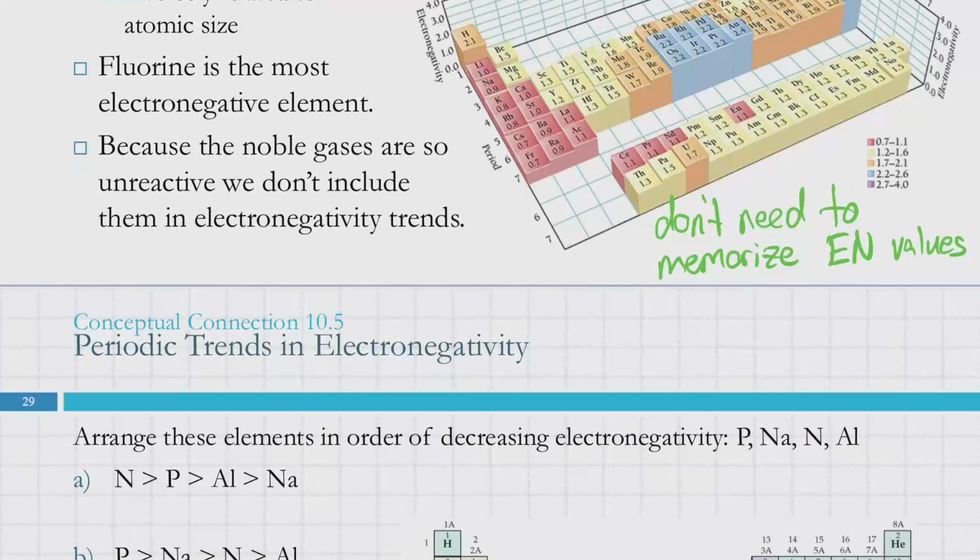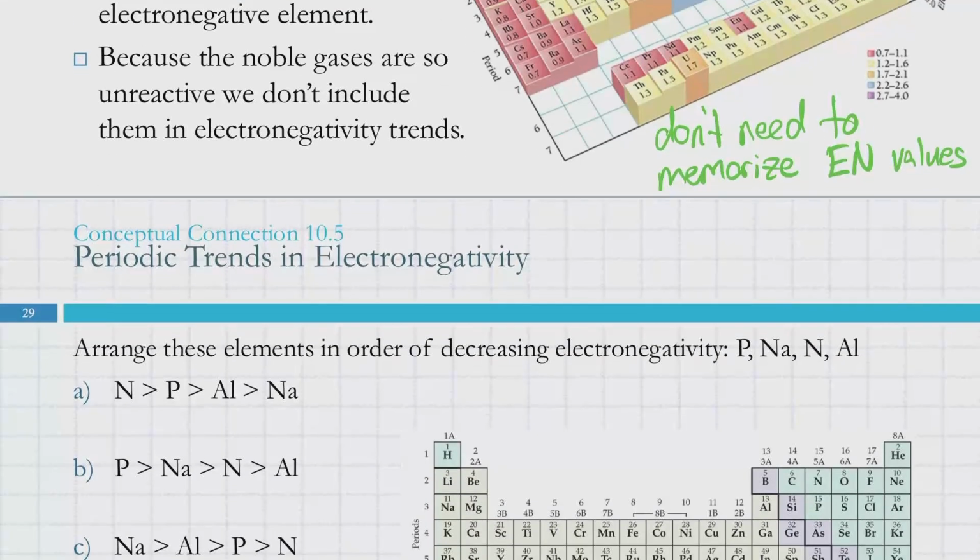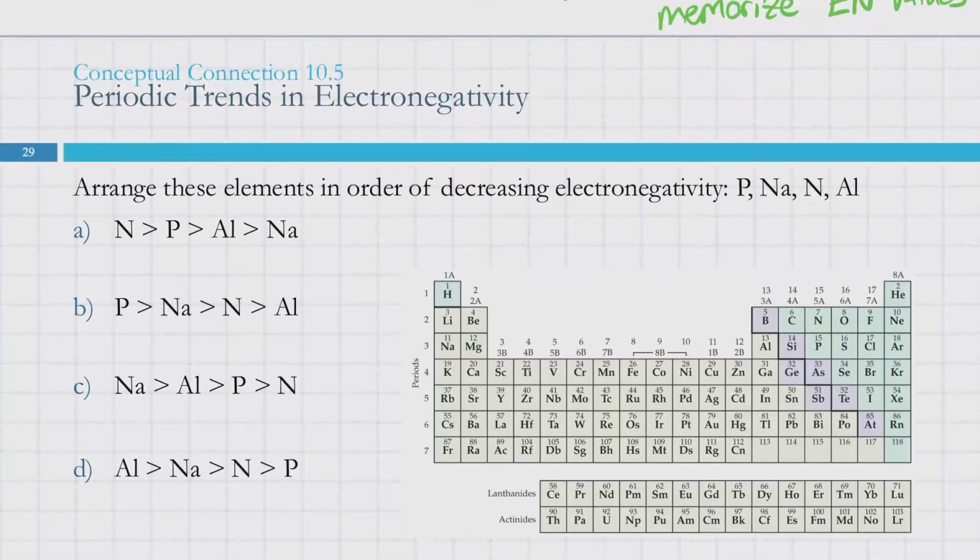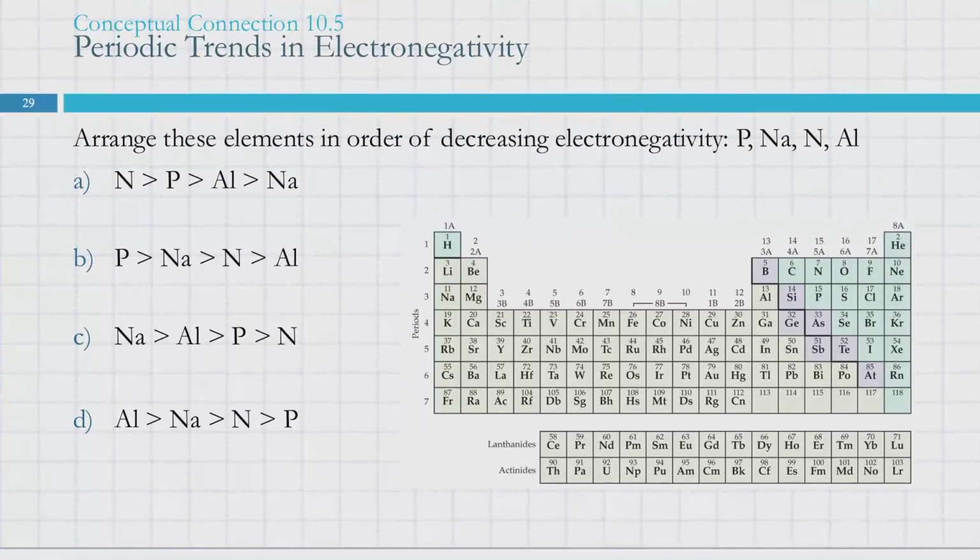We want to arrange these elements in order of decreasing electronegativity. We've got phosphorus, sodium, nitrogen, and aluminum.